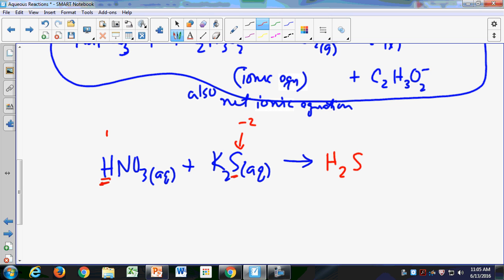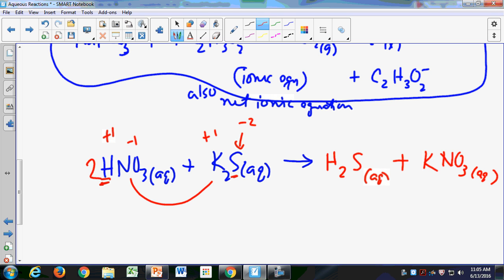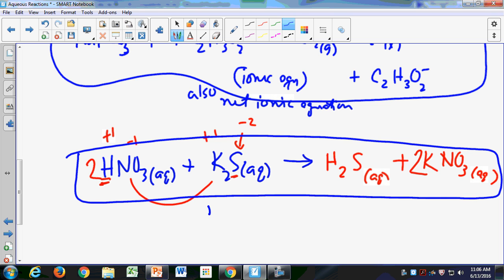Sulfide is negative 2, H plus is plus 1, so that gives you 2 H's for every S. This is going to be aqueous. The other compound you make is potassium and nitrate; potassium is plus 1, nitrate is negative 1, so it's just KNO3 aqueous. To balance this, you're going to need 2 H pluses for the S, so I have to put a 2 there, and another 2 here to balance my potassium and my nitrate. So this is my molecular equation.